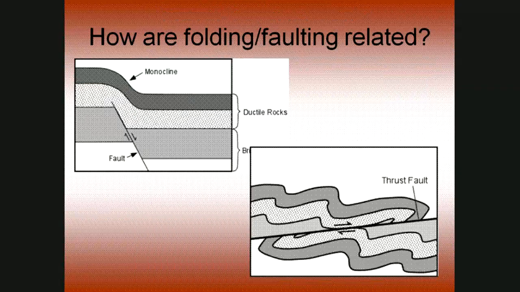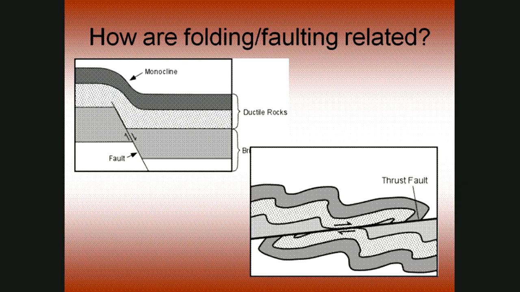And how are folding and faulting related? Well, sometimes the fold results in a fault. So it is not uncommon to find them occurring together. For example, we get a start of a fold and we get some brittle layers that actually crack, giving us a fault line.